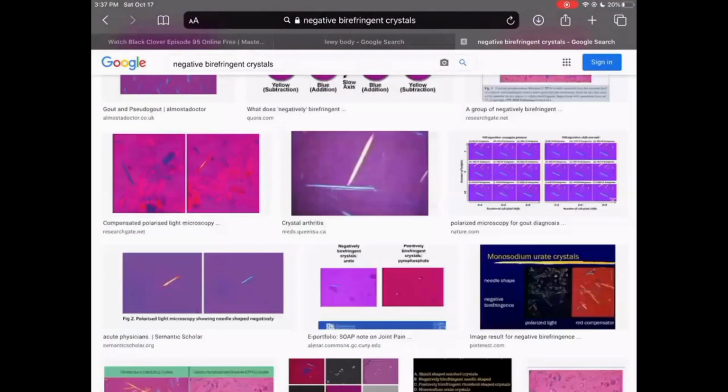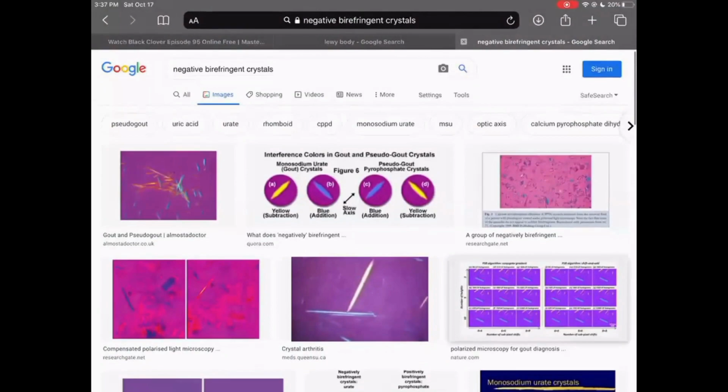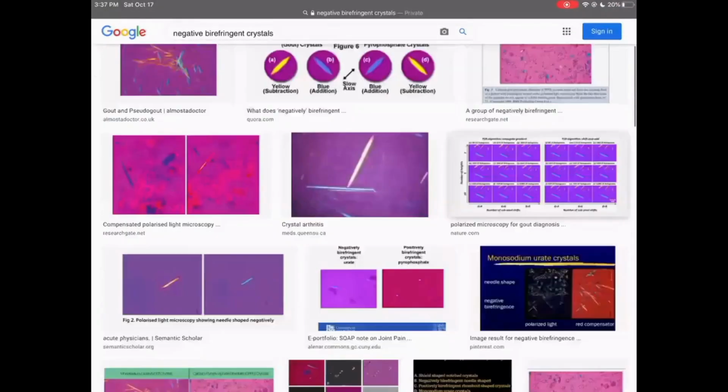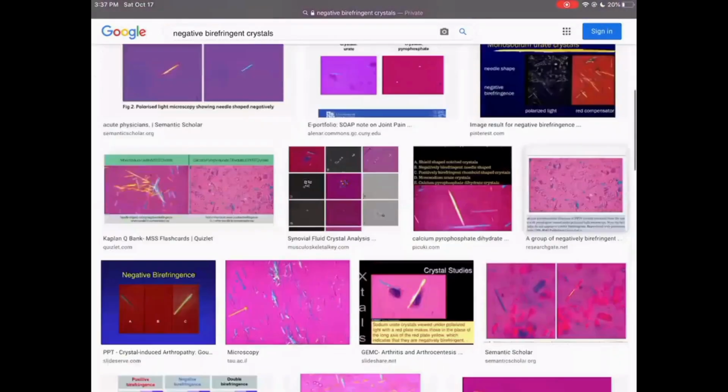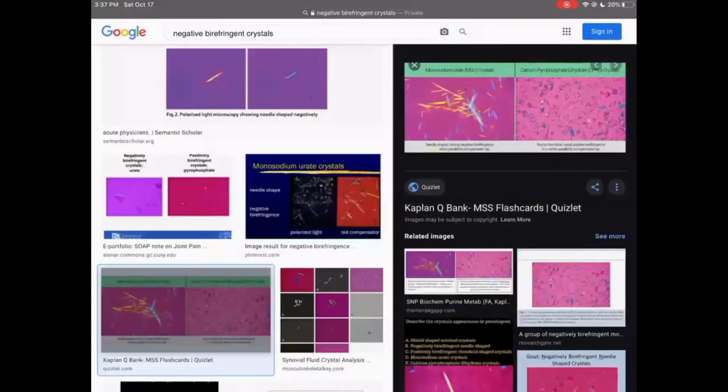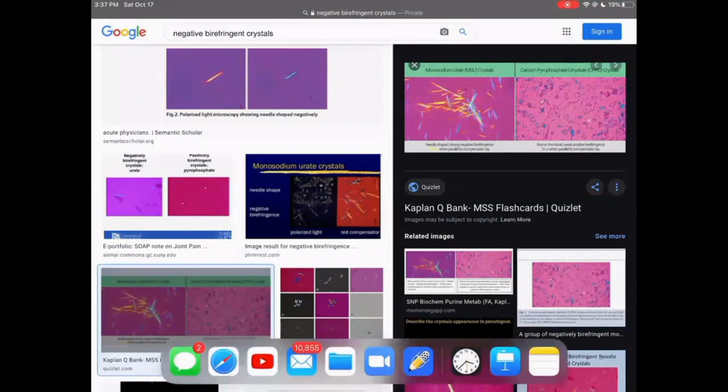So you see these crystals that are kind of like the yellow needles. That's what you're looking for in gout. So you will get the exact same types of questions. This picture right here is probably straight off of UWorld, to be honest, because you get these exact same types of pictures where you see all these yellow needles on your screen. That's gout right there. So that's monosodium urate crystals, which is just uric acid. All right, super, super high yield to know.